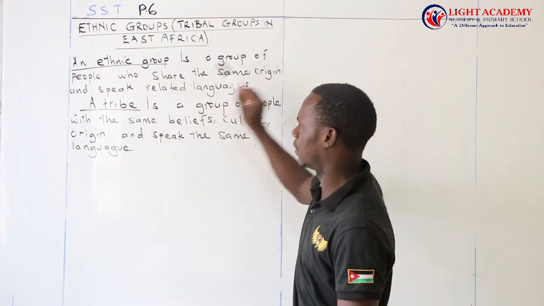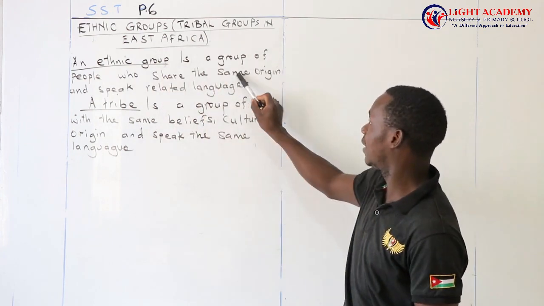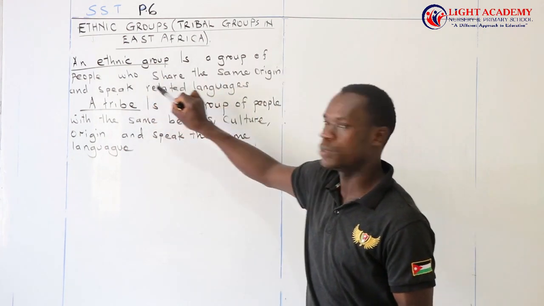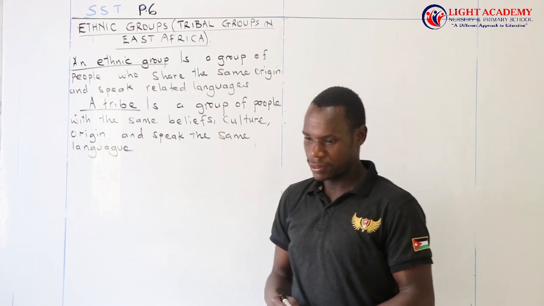Whereas an ethnic group is a group of people who share the same origin and speak related languages.